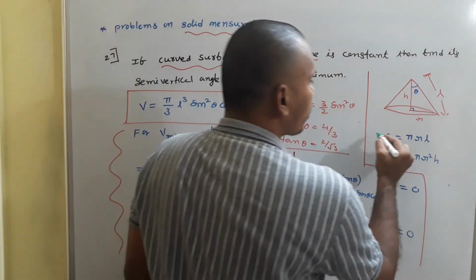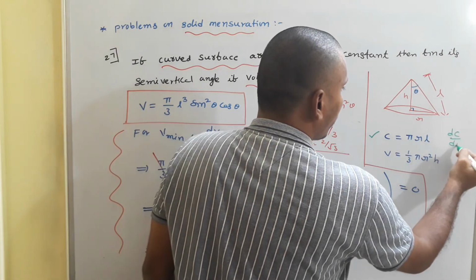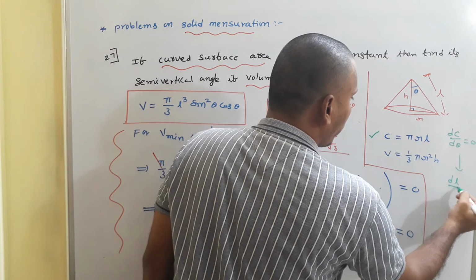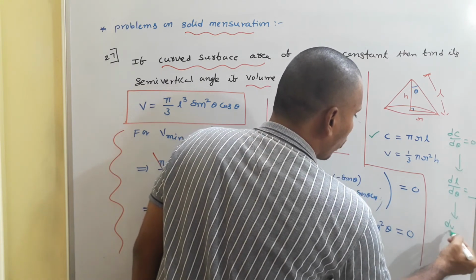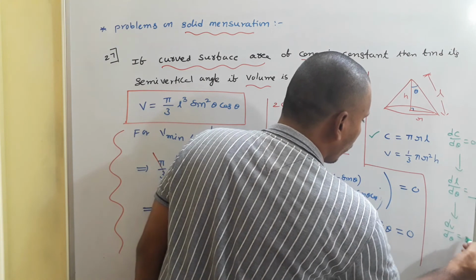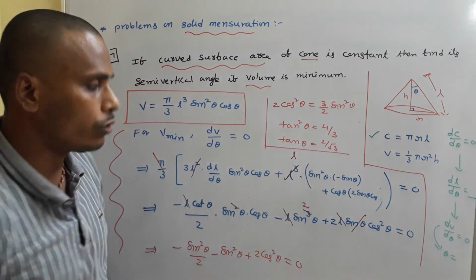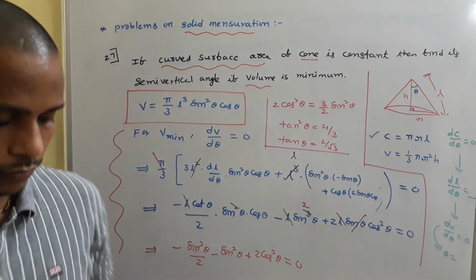Since this curved surface area is constant, dc by d theta is equals to 0. From that dc by d theta, we calculated dl by d theta. And from dl by d theta, we calculated dv by d theta, and the 2 equals to 0. From there, theta is equals to tan inverse 2 by root 3. And that is semi-vertical angle at the end. Okay, have a look.